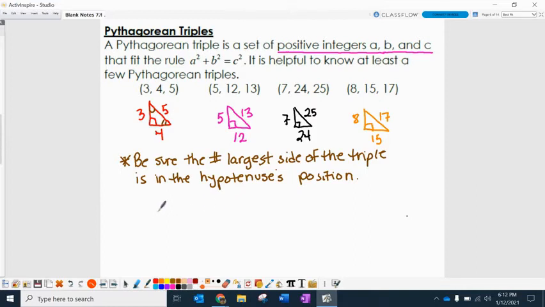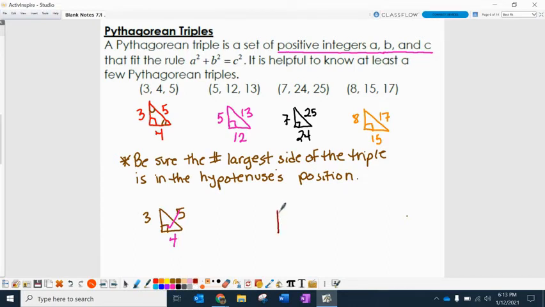So if I see a triangle where we've got 3 as a leg and 5 as a hypotenuse, I'm like, okay, that's 3 and 5. There's a 3, 4, 5 triple, and 5 is in the hypotenuse position. So yes, I can use my triple, and I know that remaining side is 4.